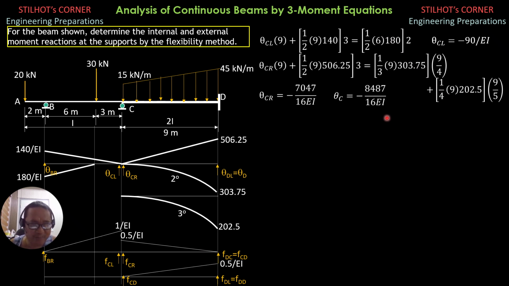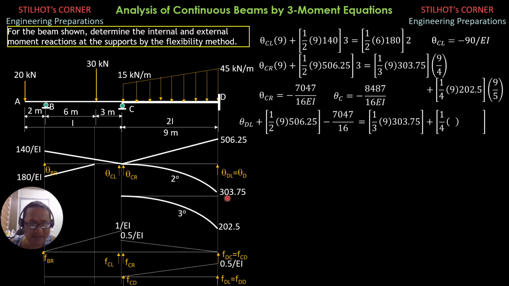Next, we compute theta D left, which is theta D. Instead of summation of moments, let's have another way, summation versus vertical only. So summation versus vertical, theta D left plus this area, 1/2 of 9 times 506.25 equals the sum of these two areas, 1/3 of 9, 303.75 plus 1/4 of 9 times 202.5.